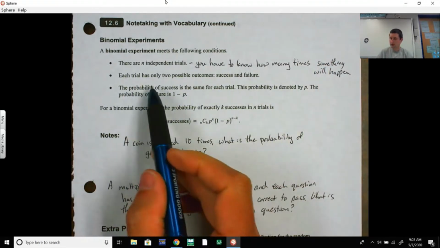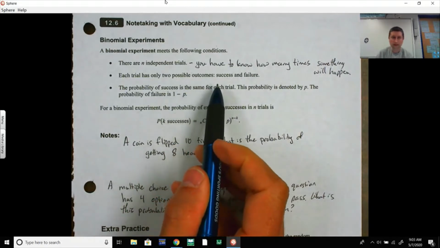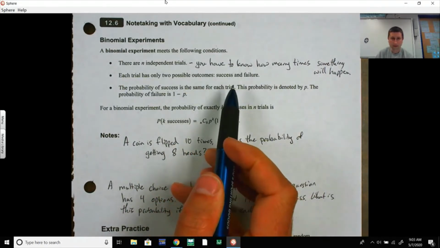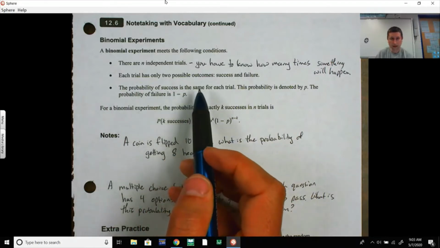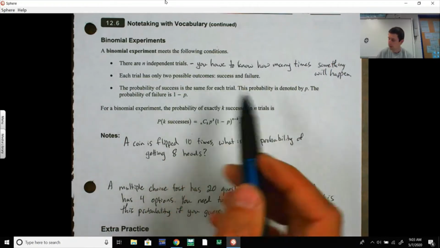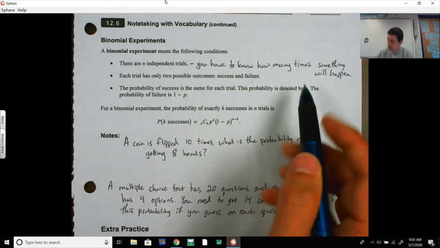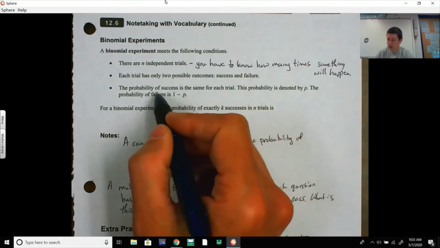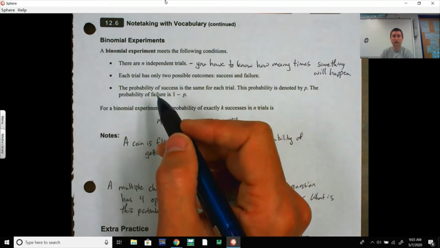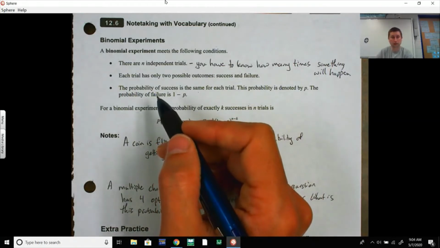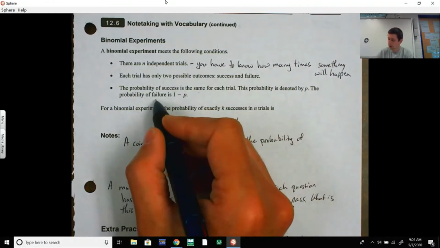Each trial has only two possible outcomes, success and failure. The probability of success is the same for each trial. This probability is denoted by P. So if we want the heads on a coin flip, the probability of success would be 50%. The probability of failure is 1 minus P.